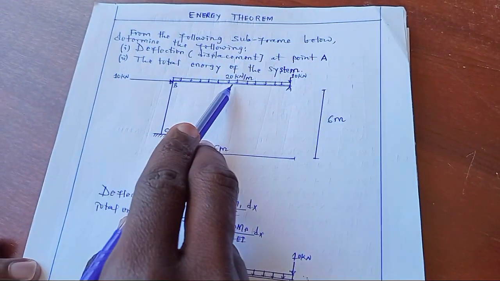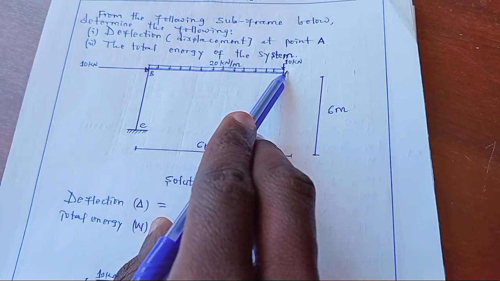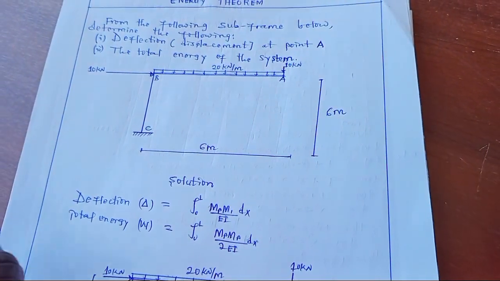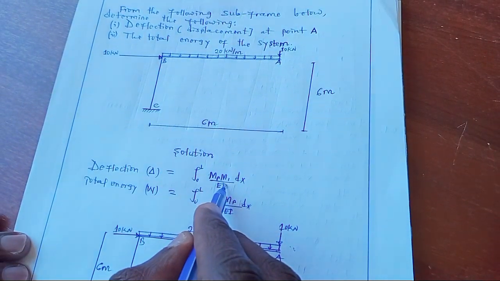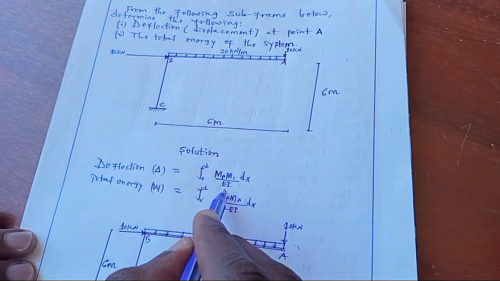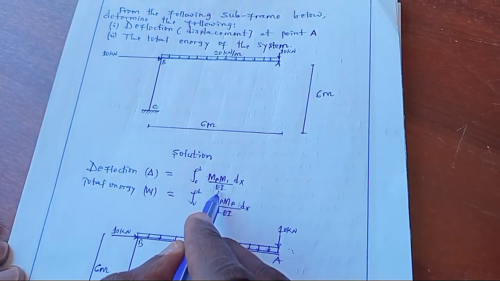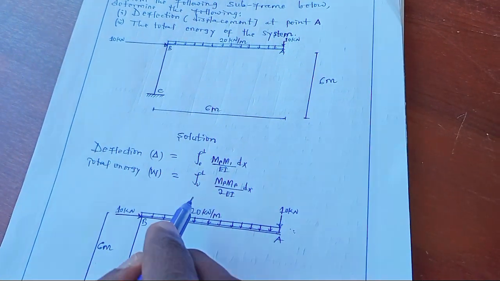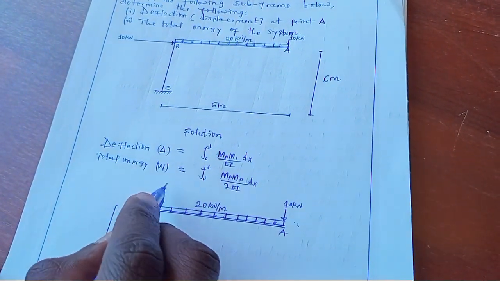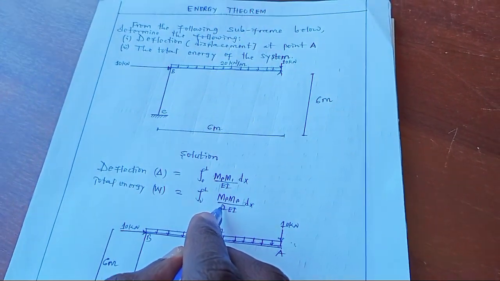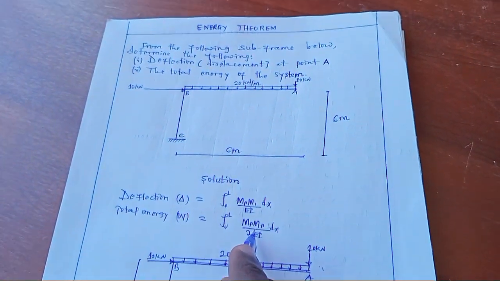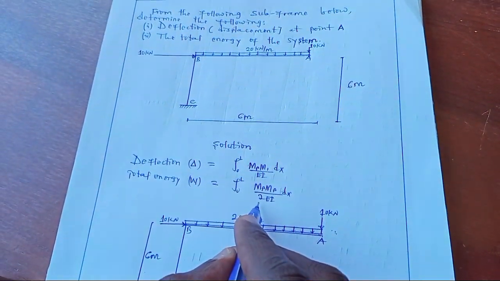This is the uniform distributed load, and this one a point load, times the moment due to unit load over EI, the stiffness of the material. And the total internal energy is obtained by taking the integral of the moment due to applied load times the moment due to applied load over 2 EI.